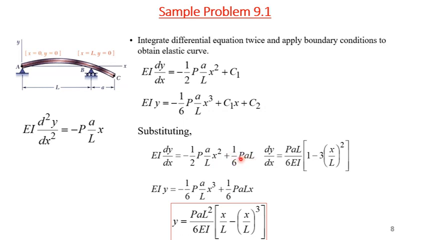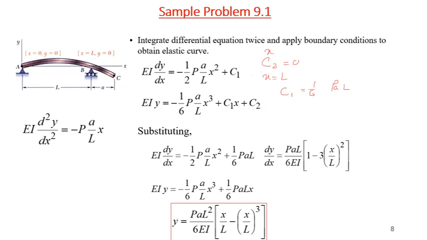By putting the value of C1 and C2, when we put x is equal to 0, y will be 0, so this C2 will become 0. When we put x is equal to L in this equation, C2 is already 0, so for the C1 value we will get 1 by 6 PAL.